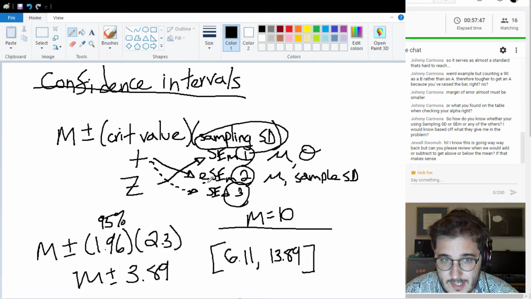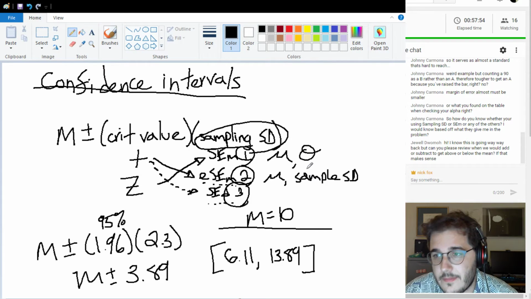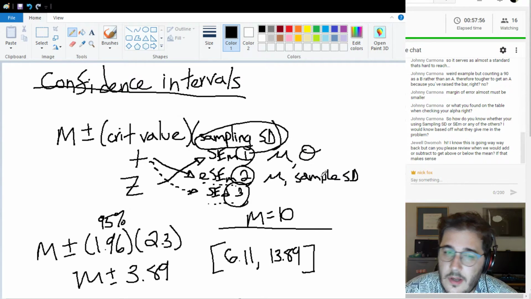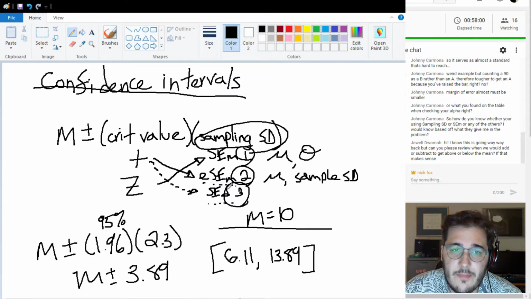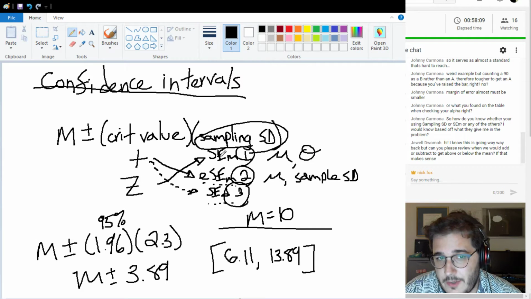A 1 sample t-test, you'd use this. A 2 sample t-test, you'd use that. So it goes with what test you're using, is how you'd know. You shouldn't be calculating the estimated standard error of the mean if you have sigma. You shouldn't be calculating the standard error of the mean if you don't have sigma. So those are kind of mutually exclusive.